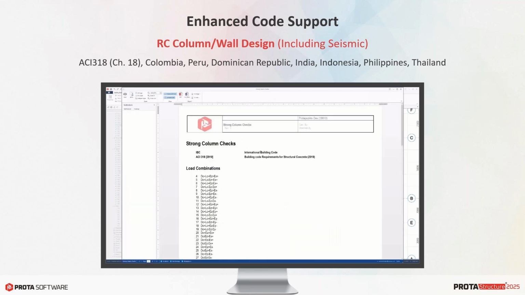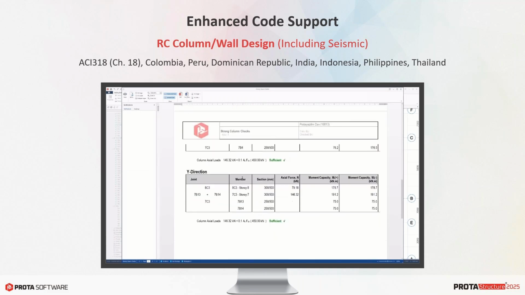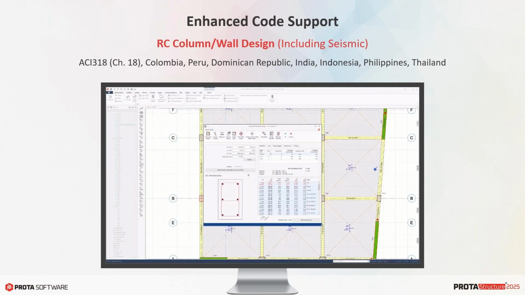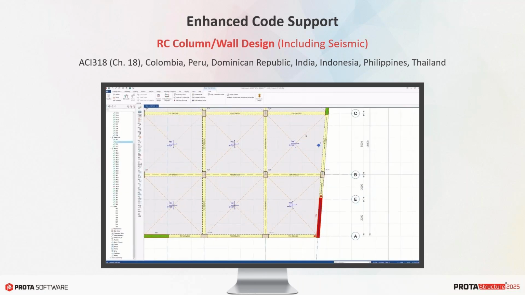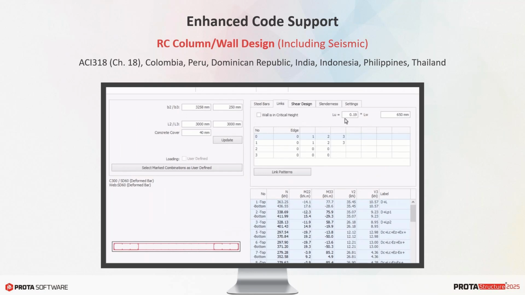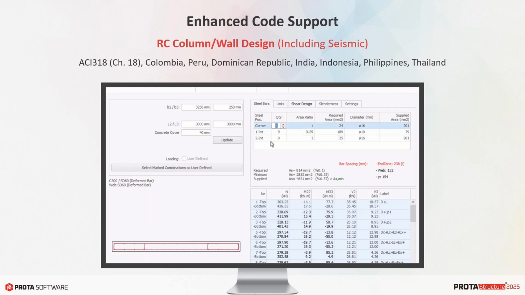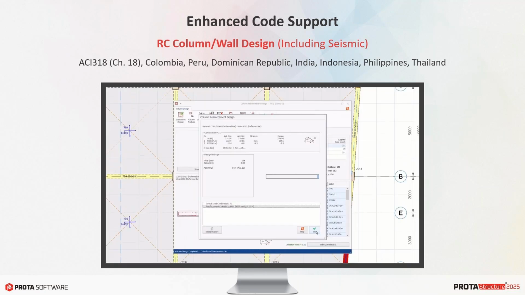And the codes similar to US codes, which are Colombia, Peru, Dominican Republic, Indonesia, Philippines, and Thailand. These are also covered in terms of column and wall design. India is also covered in the new version.